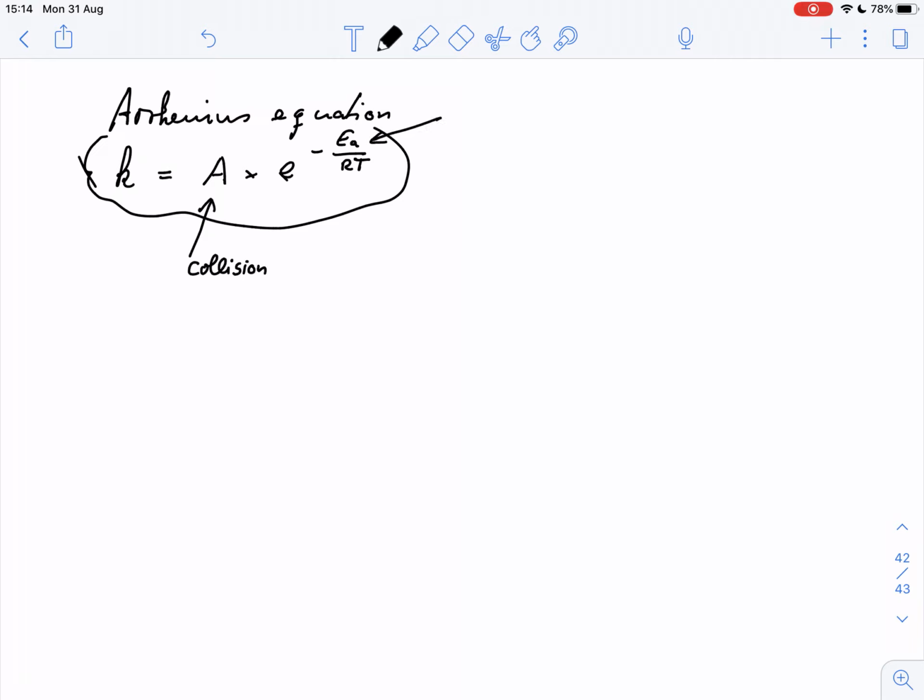EA is the activation energy that we need in order for a reaction to work. R is the universal gas constant, and this is 8.3 joule per mole and Kelvin, and T is the temperature in Kelvin.